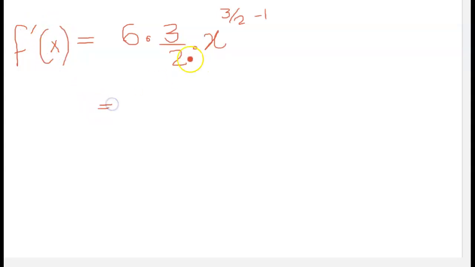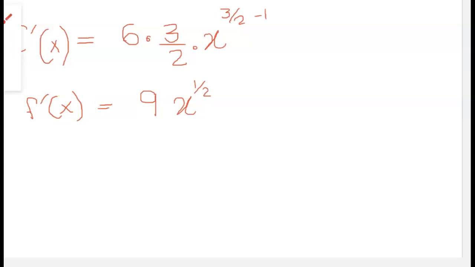Now if I simplify that one, how many times 2 goes into 6? 3. So 3 times 3 is 9. So that becomes a 9. You can do 6 times 3 is 18, 18 divided by 2 is 9. Then you have 3 over 2 minus 1. If you do 3 over 2 minus 1 in the calculator, it gives you the value half. Now f dash x, this is the value.